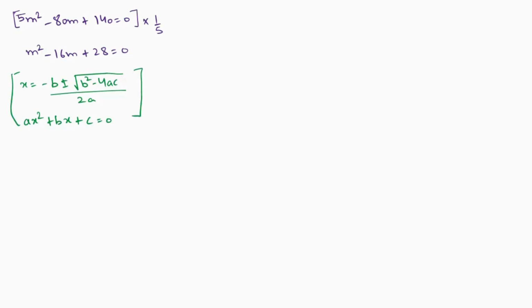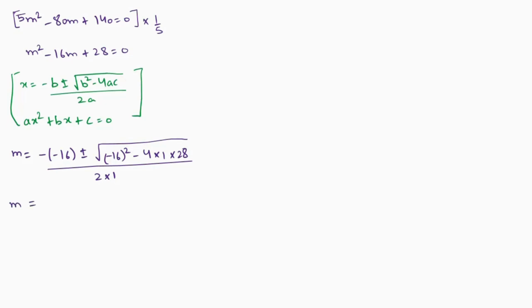So now apply the quadratic formula to our problem. We get m is equal to minus minus 16 plus minus under root minus 16 raised to the power 2 minus 4 times 1 times 28 over 2 times 1.